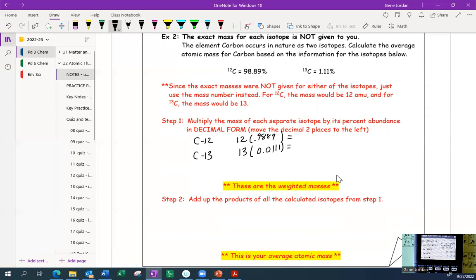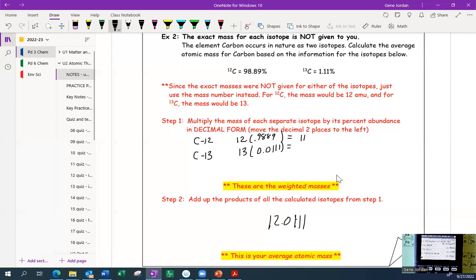And then add these together, and we get 12.011. And hopefully you got that.